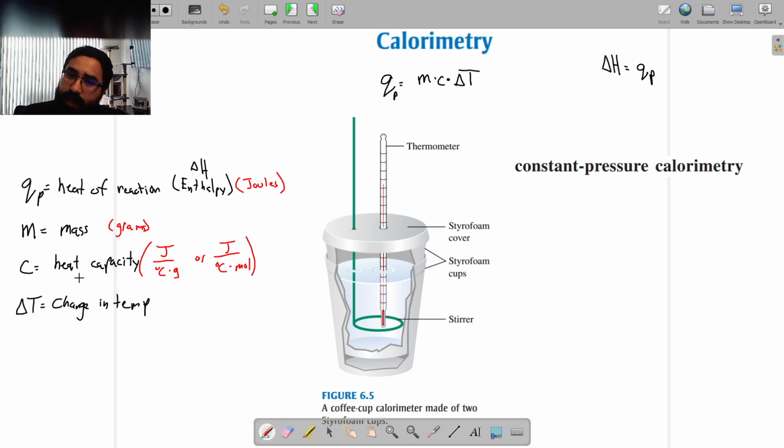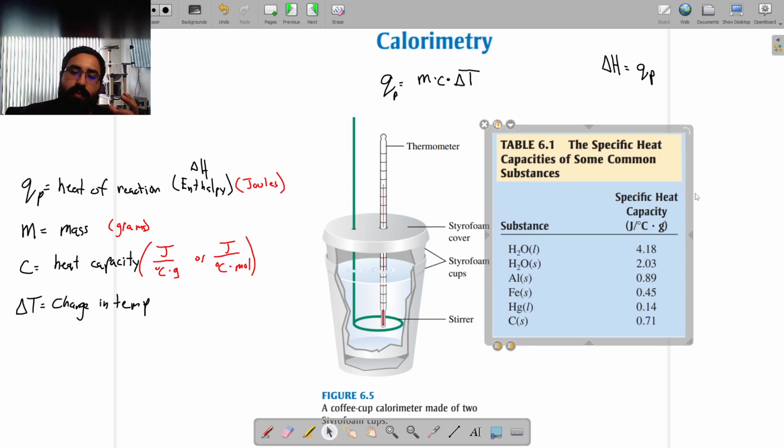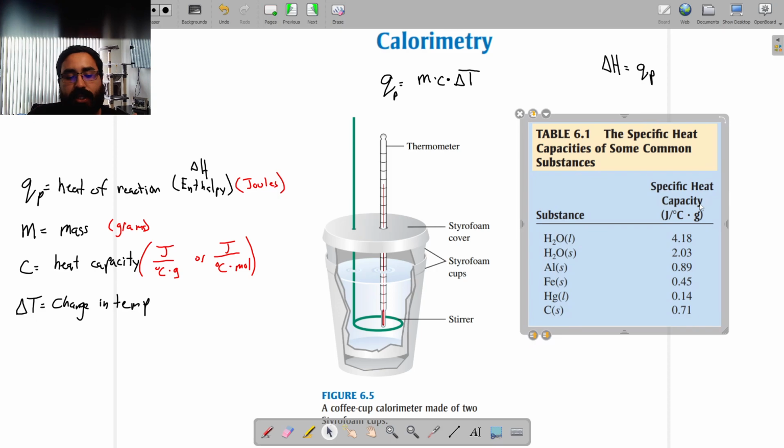Heat capacity is something you haven't heard before, but if I describe it a little bit, you'll be able to understand what it is. Think of a hot summer day, and you're barefoot outside.